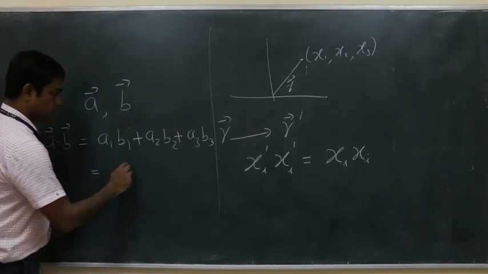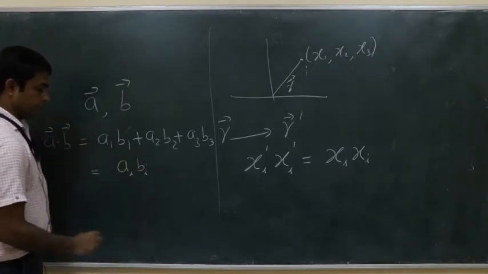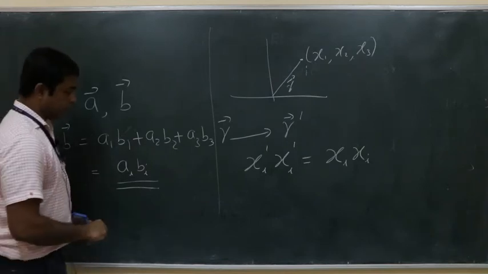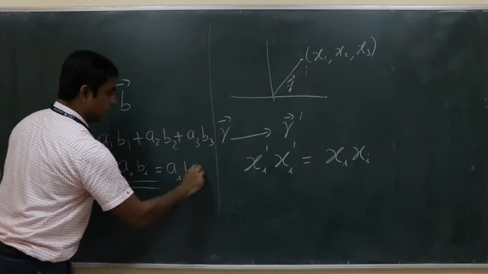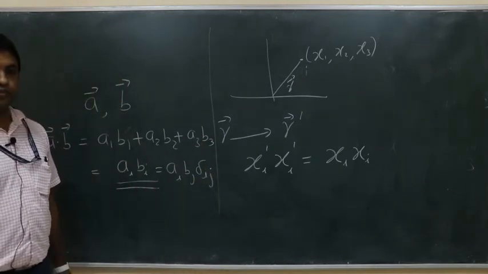A dot B is basically AI BI, or I can write this also as AI BJ delta IJ. Yes?